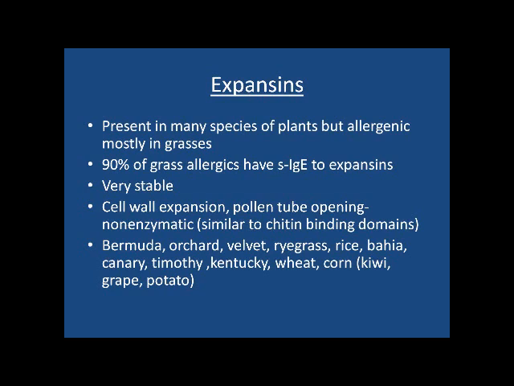They're involved in pollen tube opening, and they're very similar to the chitin binding domains of several chitinases. And of course, they're present in all these grasses, but they're also present in fruits like kiwi, grape, and potato, which is not a fruit.